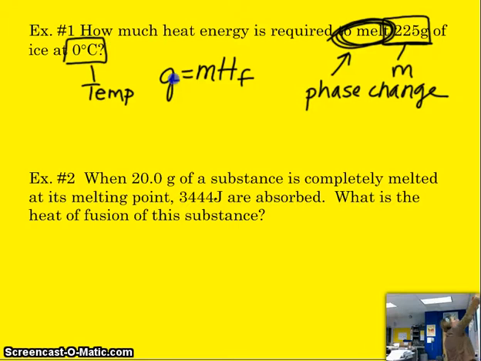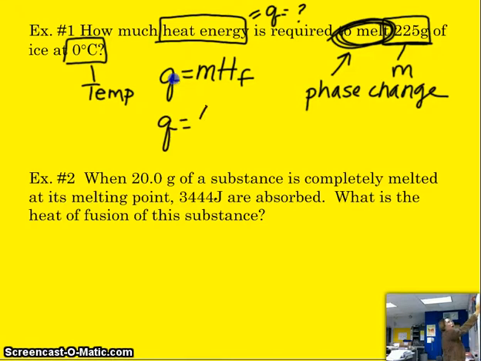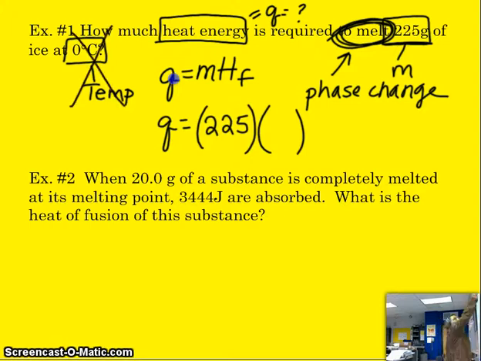How much heat energy? So they're asking me for heat energy, and remember, energy is Q. So I don't know Q, I know my mass is 225, and I need HF. Now never plug in temperature. When you see phase change words, you can cross out the temperature. It's really just a clue to let you know you're at the melting point for ice.